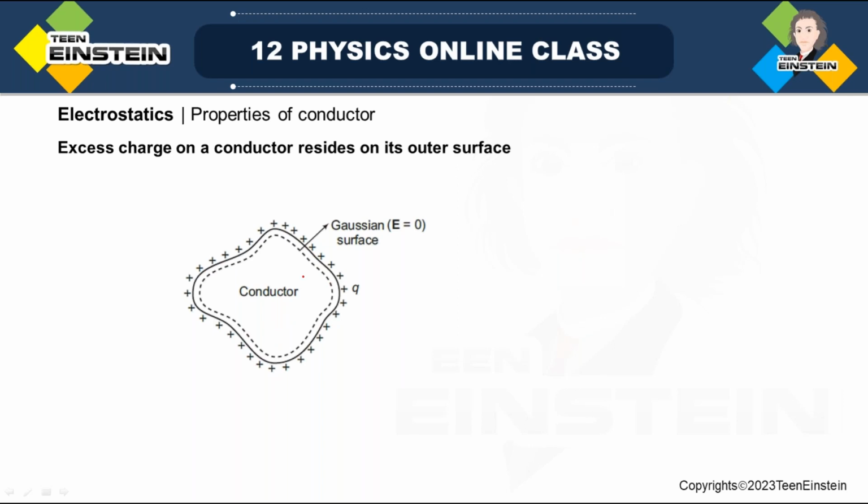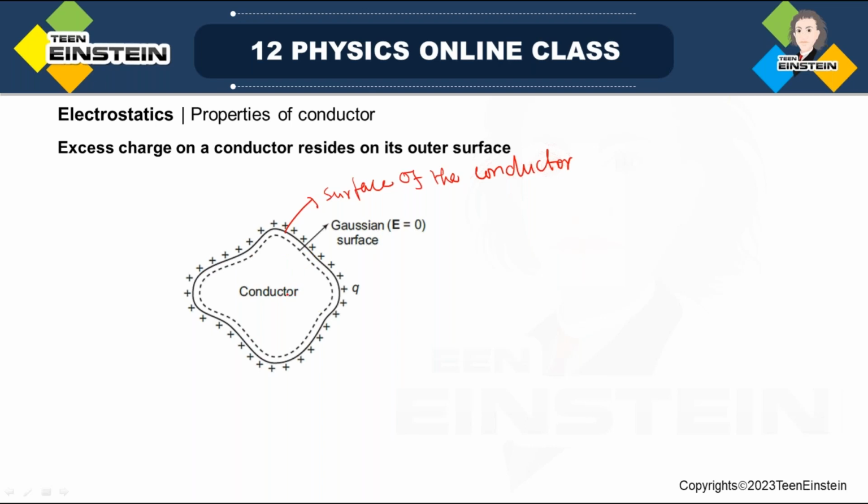To prove that, let me consider a Gaussian surface inside the conductor. See, inside the conductor, this is the surface of the conductor, or the boundary also you can say. So this is my Gaussian surface. As you see, this Gaussian surface is inside the conductor.